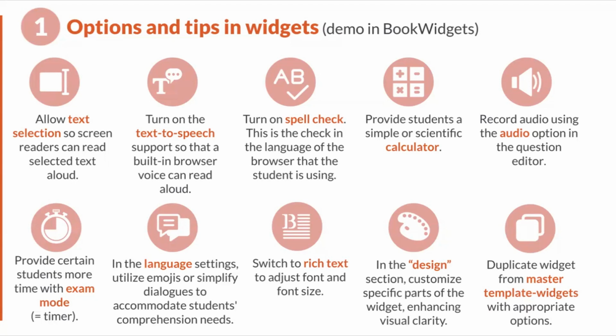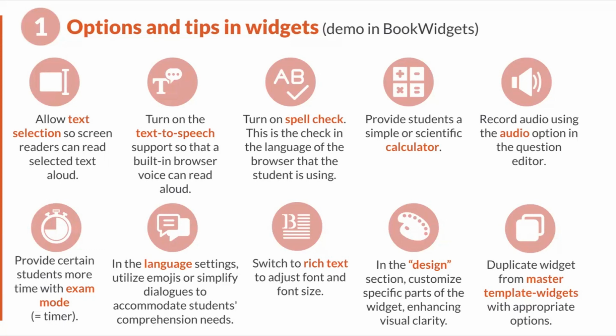Rich text is great for adjusting font and size. The design features let you customize specific parts of the widget to enhance visual clarity. And then you can always duplicate widgets. Think of them as a master template, and then duplicate it to do your selected options appropriately.